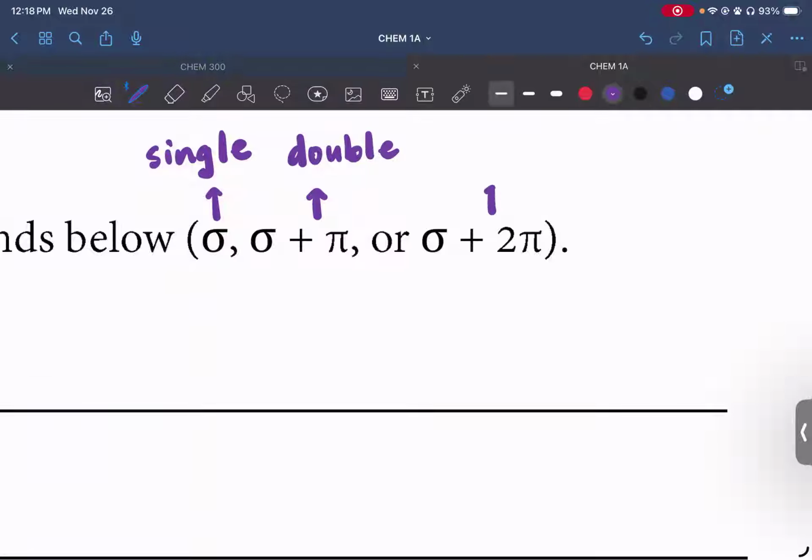And a sigma plus 2 pi is in fact a triple bond. The idea, of course, is that these Greek letters, sigma and pi, reflect the magnitude or the type of bond that exists between the two atoms.